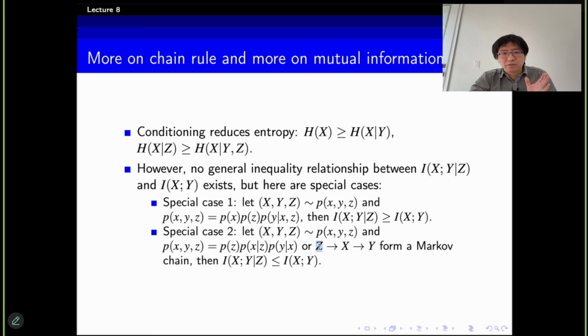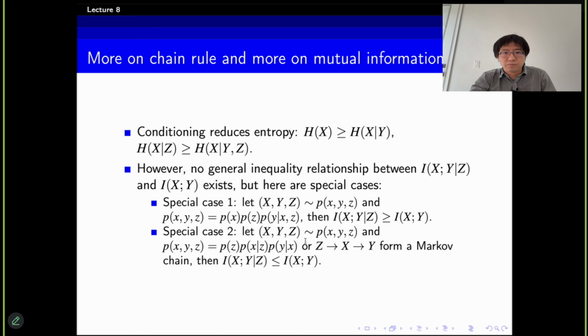So observing z will not give you additional information. In this case, z depends on both x and y. Therefore, given z, it's unclear how the mutual information will behave, and we can show that given z, the mutual information will actually be reduced. So these are 2 very important examples about conditioning on mutual information.